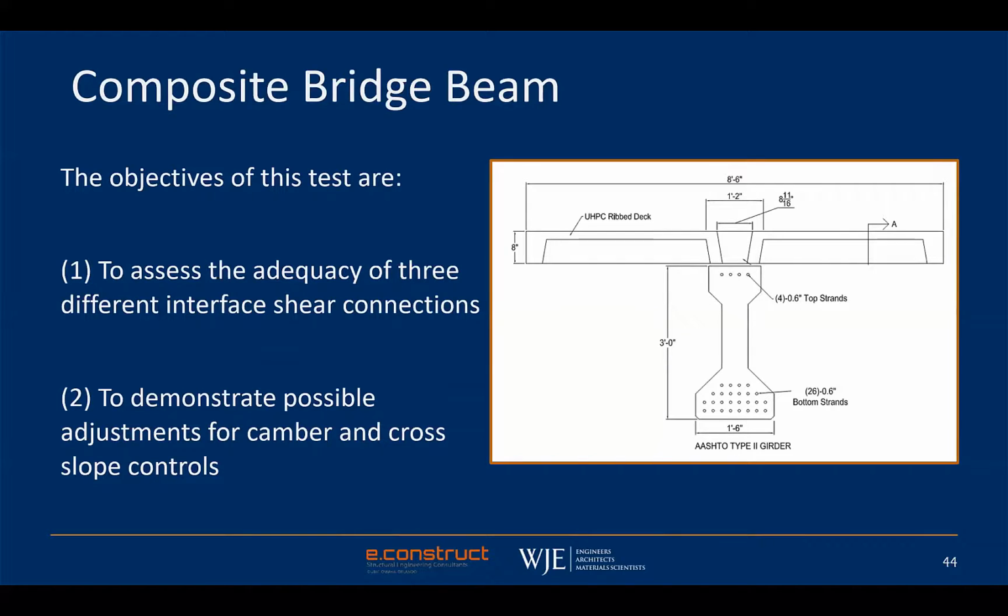I believe they have already been shipped to the Florida DOT structures lab for testing. With this experiment, we're able to adjust the elevation of the deck any way we want to. If we want a cross slope, we can have that. If we want a certain camber amount or flatness, we can have that in the haunch, in the gap that exists between them.